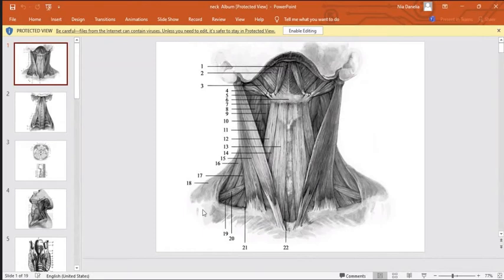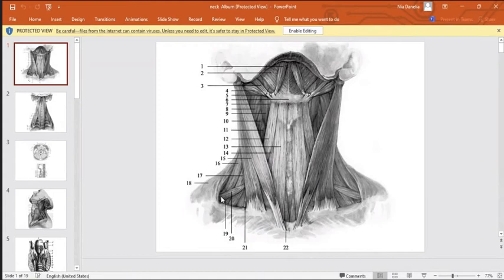Supraclavicular triangle is bounded inferiorly by clavicle, anteriorly and medially by posterior border of sternocleidomastoideus muscle, and superiorly by inferior belly of omohyoid muscle. This triangle is covered by following layers: skin, subcutaneous tissue, superficial fascia, which makes compartment for platysma muscle.